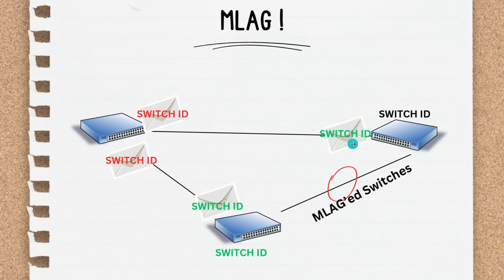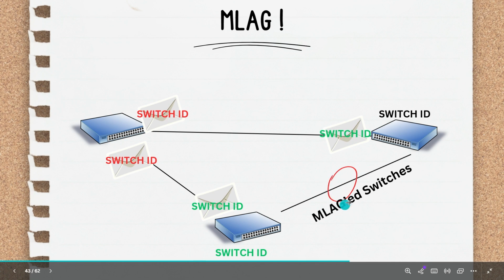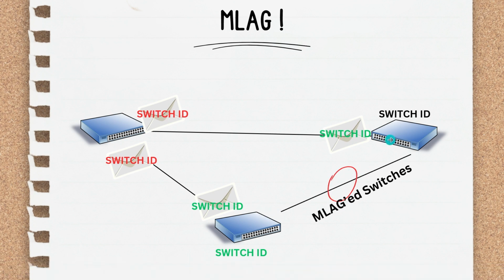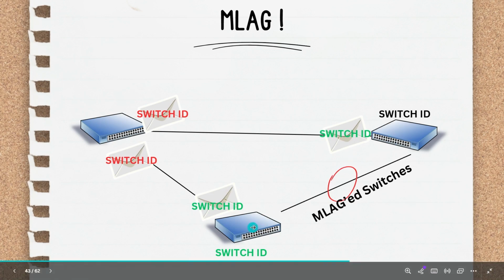Now how can MLAG help? If we form a port channel between these devices and we have MLAG over this link communicating between these two switches, the color analogy is the same.